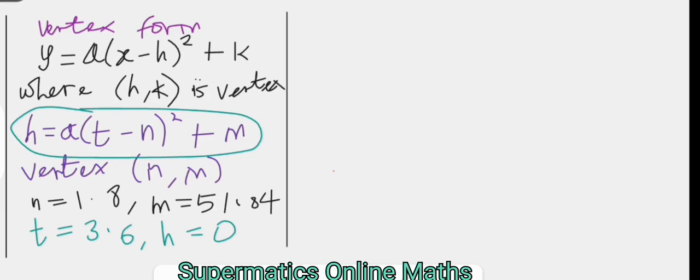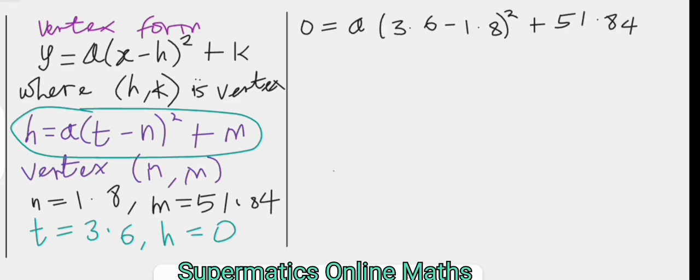Plugging in these values, we have 0 equals a times the quantity 3.6 minus 1.8 to the second power plus 51.84. This is 0 equals a times 1.8, which is the difference between 3.6 and 1.8, and then squared, plus 51.84.